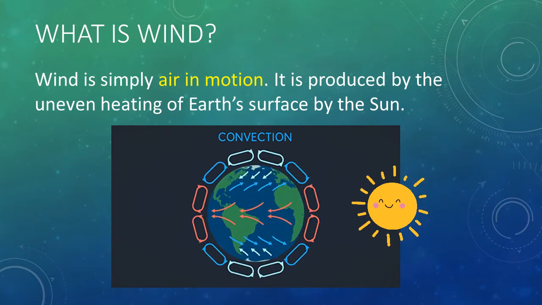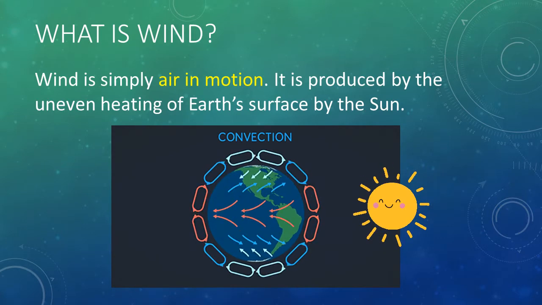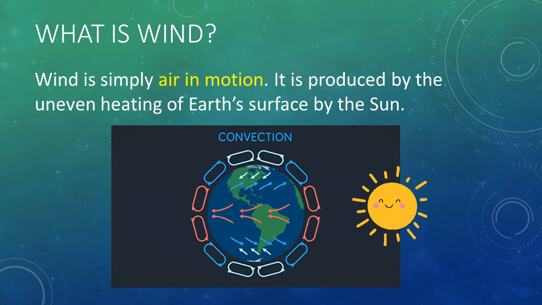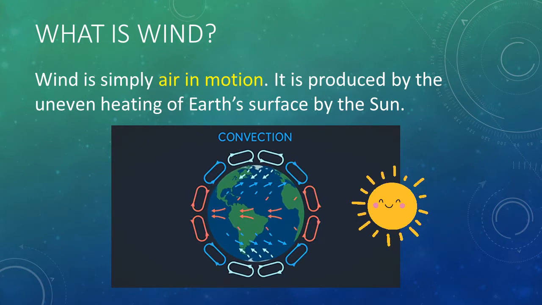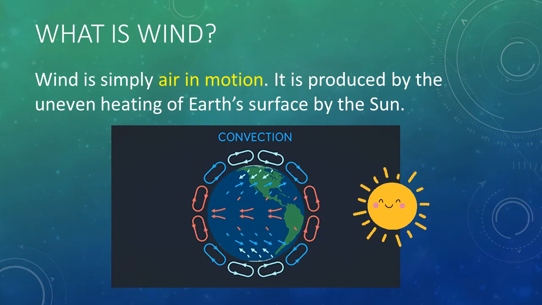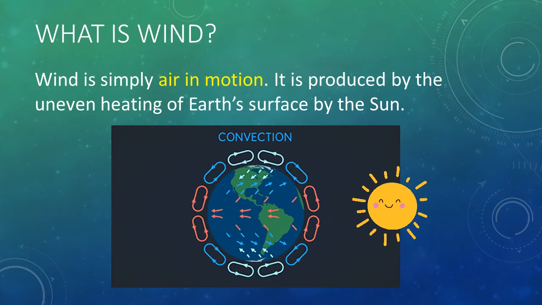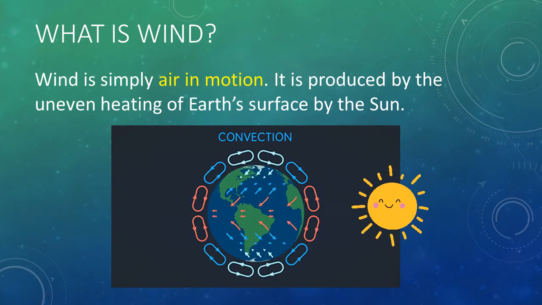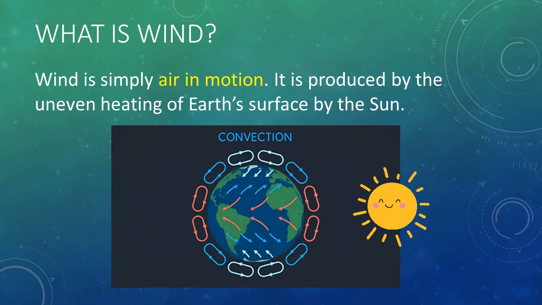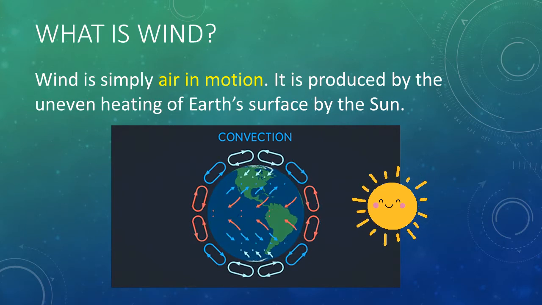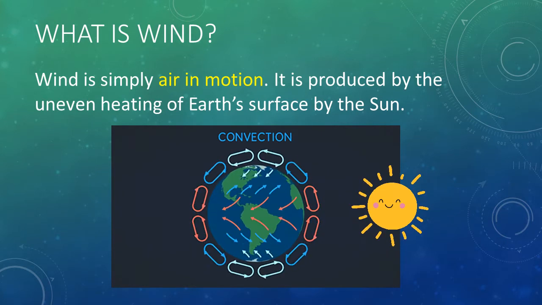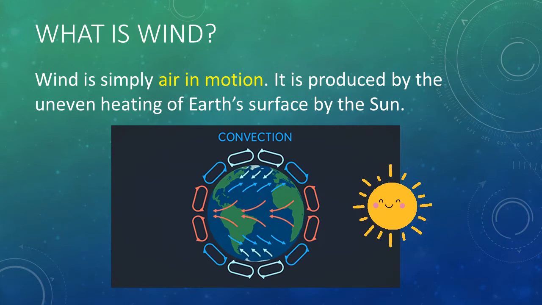Now, as a quick review, wind is simply air in motion. It's produced by the uneven heating of Earth's surface by the sun. As the sunlight, the heat from the sun, hits the Earth, it begins to warm air molecules.